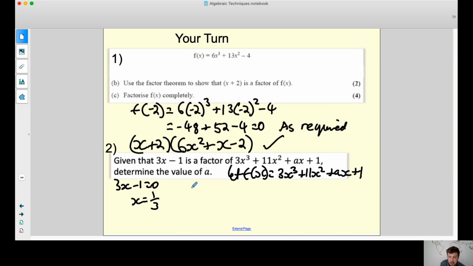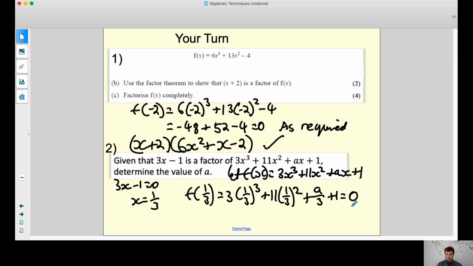So therefore, I'm looking at trying to evaluate the function at a third. And again, I'm going to set that equal to 0. So that's going to equal 3 lots of a third cubed plus 11 lots of a third squared plus, well, it's going to be a over 3 plus 1 equals 0.